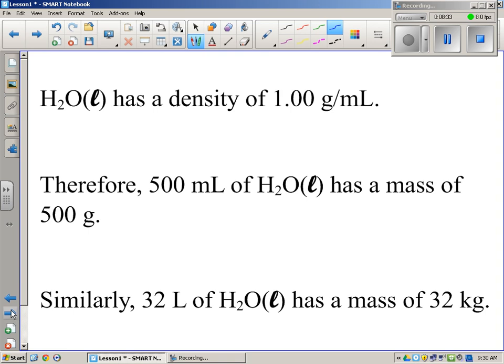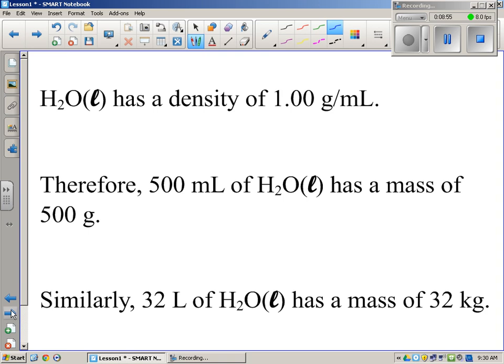You can weigh that out. How do you do that? Well, you would take a beaker, weigh it empty, or tare out the scale, zero it, and measure out 500 milliliters, put it into the beaker, and you would see it weighs 500 grams. 500 milliliters, 500 grams, has a density of 1 gram for every milliliter.